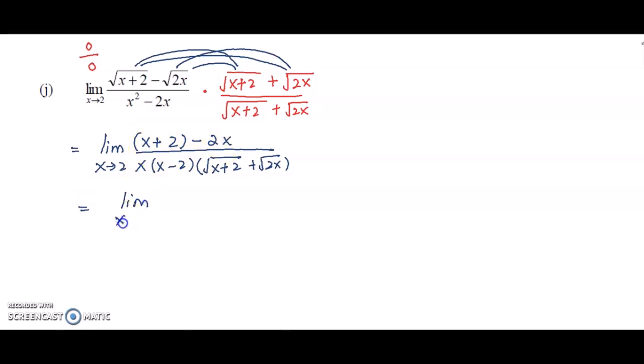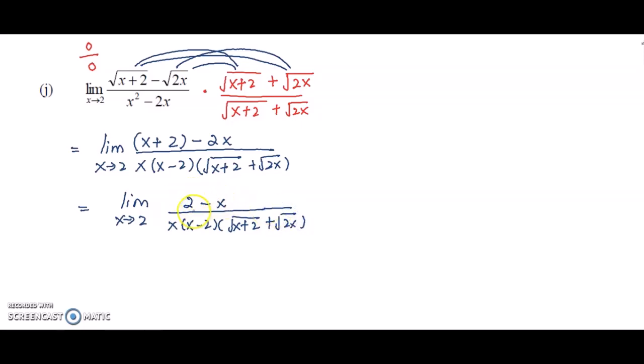And now we need to simplify this. I will have x minus 2x, you got negative x, and you have a 2 on top here, 2 minus x. Then I have my x minus 2, again times the square root of x plus 2 plus the square root of 2x.